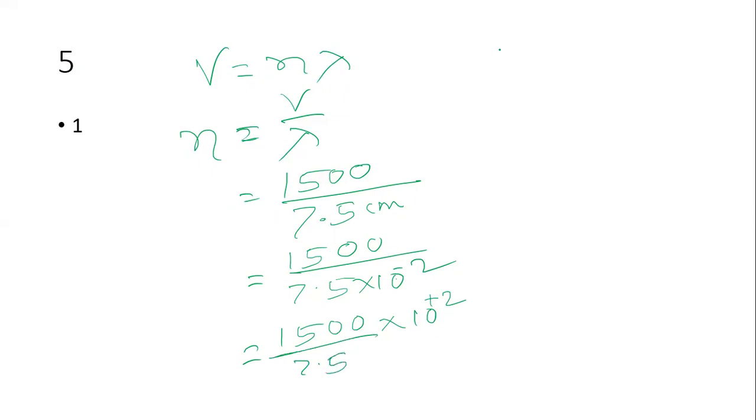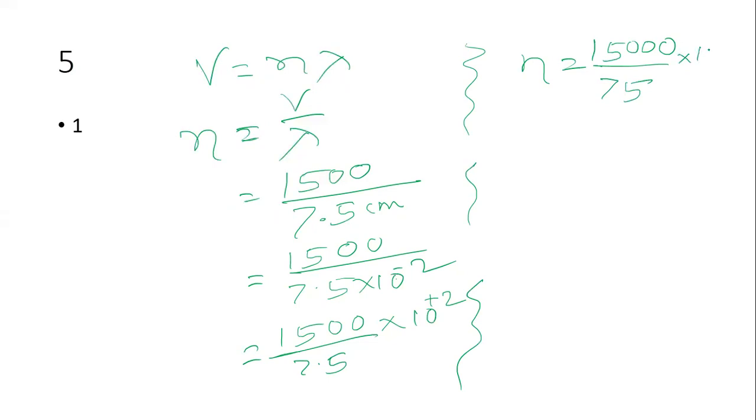Let's write this equation like this: n is equal to 1500 into 10 divided by 75. We can write it like this, into 10 raised to 2, which means 100.